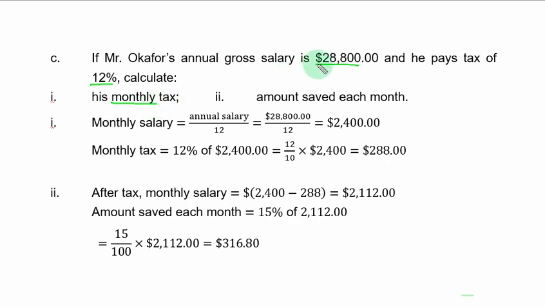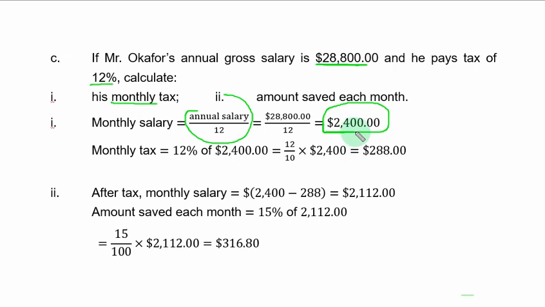Now this total amount is for the whole year, and a year has 12 months. So for you to get the monthly tax, you need to get the monthly salary. You divide the annual salary by 12 and you have $2,400 as Mr. Okafor's monthly salary.